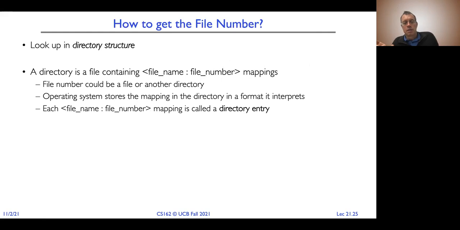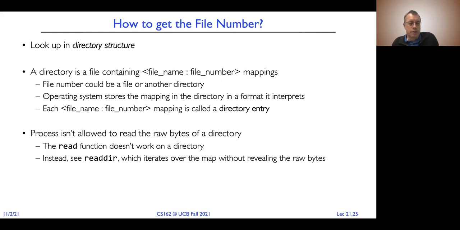This tuple, or the mapping between file name and file number, is called a directory entry. It's very important to understand that the way we manipulate a directory is different, despite the fact that in Unix, at the lower level, a directory is just another file.